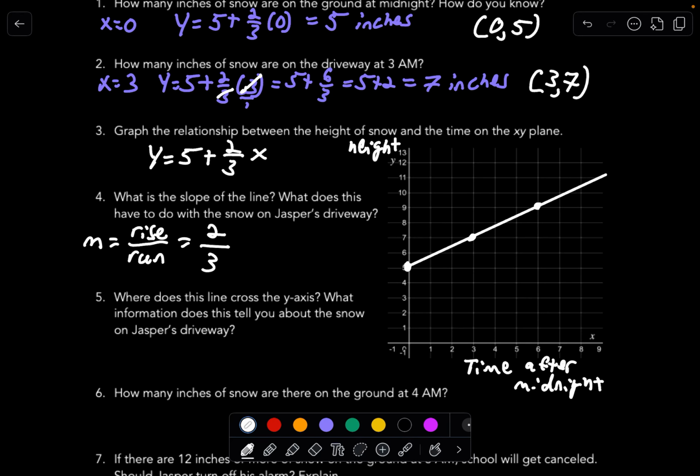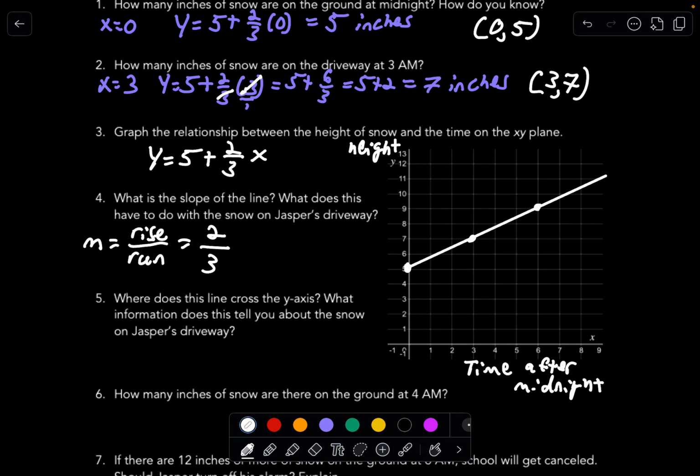What does this have to do with the snow on Jasper's driveway? Well, what this means is that the snow height increases 2 inches every 3 hours.